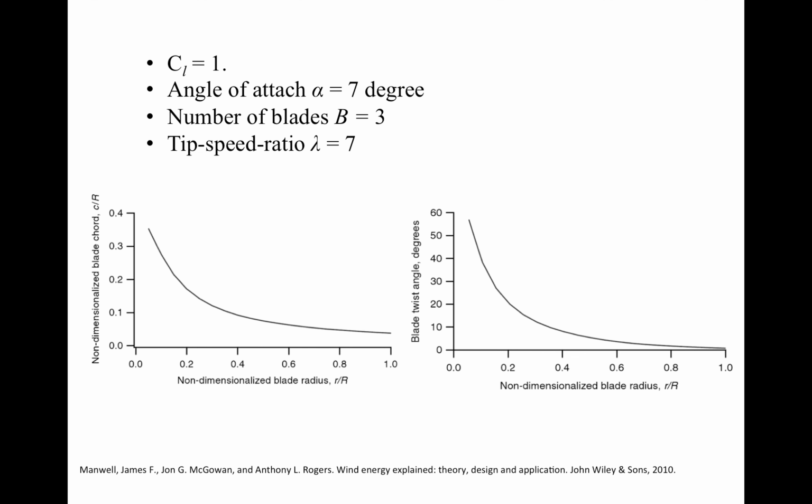If we want to do a specific calculation, we assume the lift coefficient CL is 1, the optimal angle of attack we would like to fix along the blade is 7 degrees, the total number of blades B equals 3, and the tip speed ratio lambda equals 7.